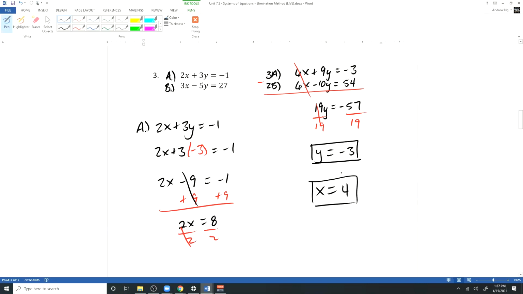Now, could I have done something else? Yes. Instead of multiplying equation A by 3 and equation B by 2 to get the x's to match up, one of the things I could have done is multiply equation A by 5 and equation B by 3. Then the y's would have been 15y and negative 15y.